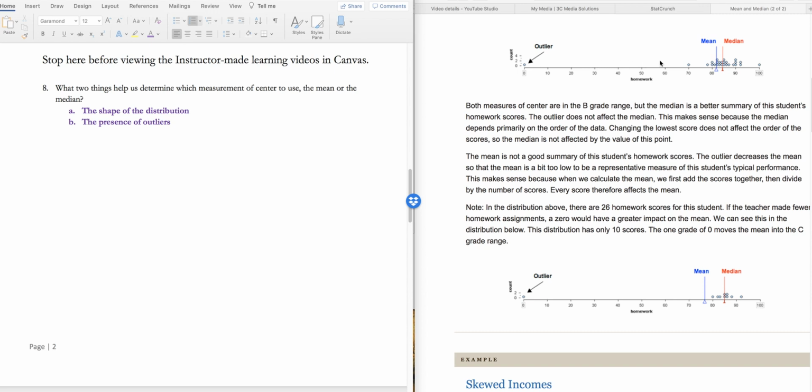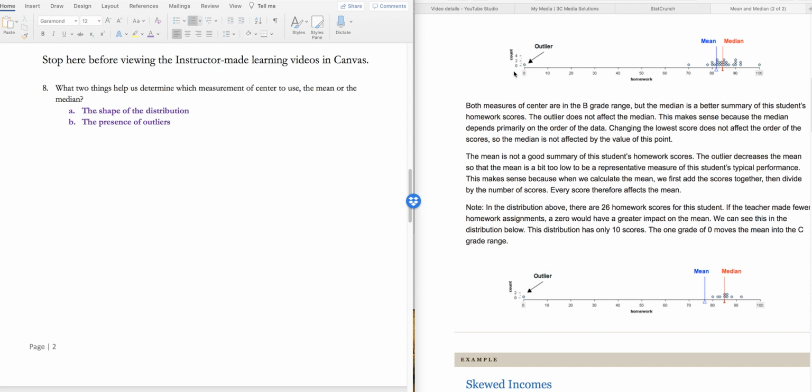This piece of data can go moving all over the place. And as long as it doesn't go past this median line, then that median doesn't change at all. But of course, the mean, if we think about how the mean is calculated, we're adding up all our data values.